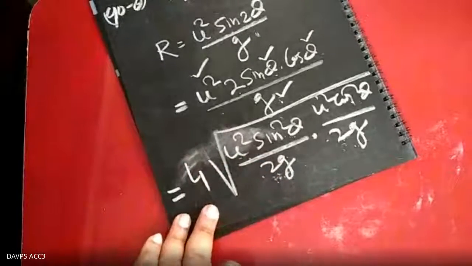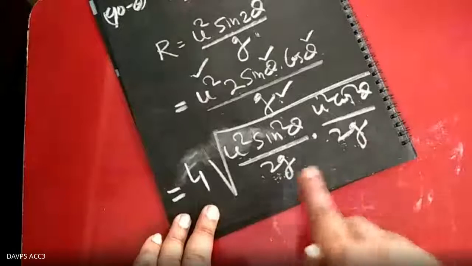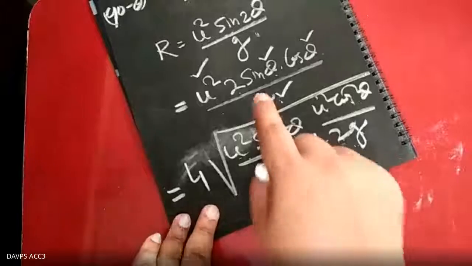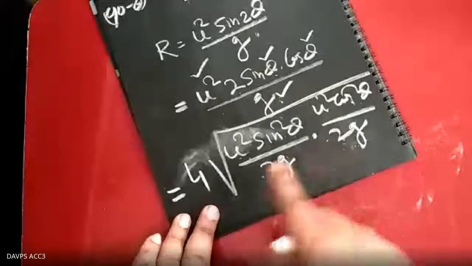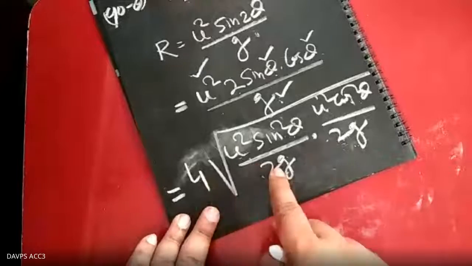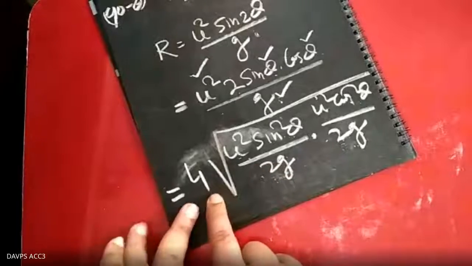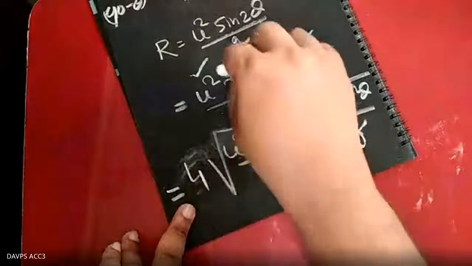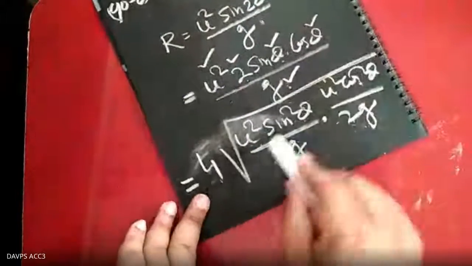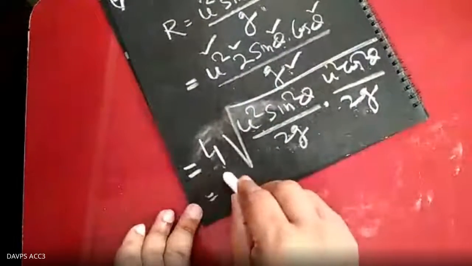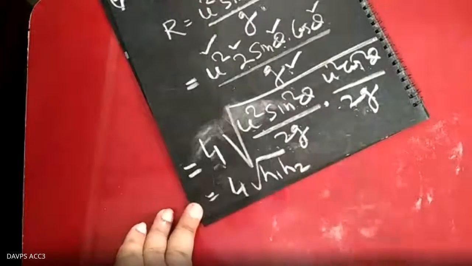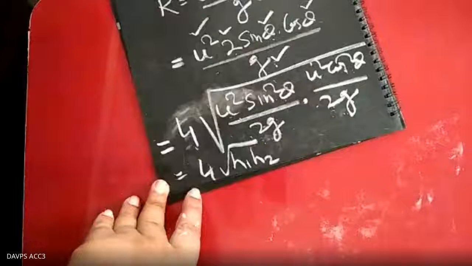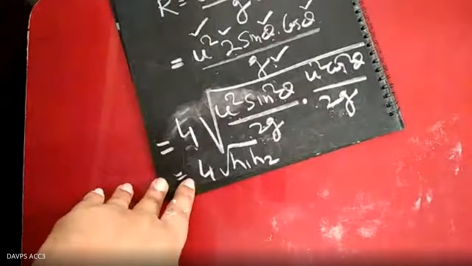If 2 out of 2 g square, g is coming out as g, and 2 and 2 coming out of the under root is equal to 2. If 2 is coming out, 2 cancel, 2 is remaining. Correct. So that is 4 into this. So we are finding 4 into under root of h1 h2. So capital R equal to 4 into under root of h1 h2.